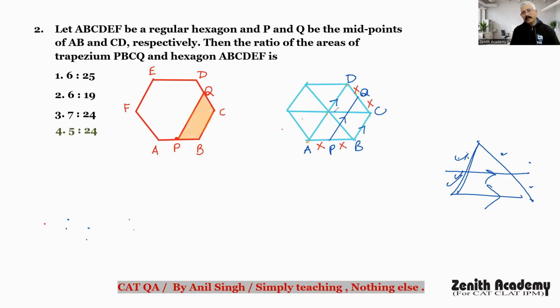So all these three lines are parallel to each other. First, I'm telling you the general approach. Then I will also share another quicker approach. So these three lines are parallel to each other. Now do one thing. Extend this line AB.